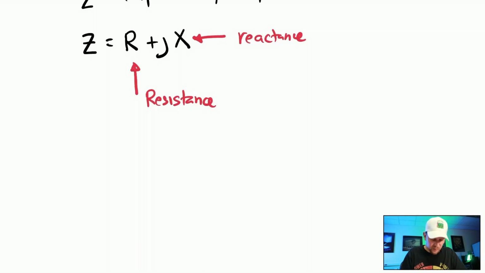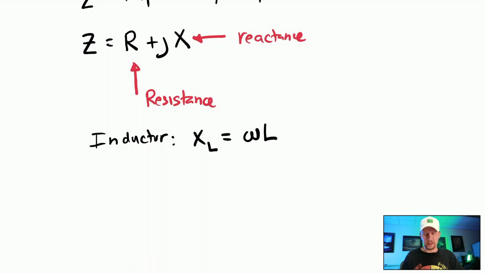In particular, for an inductor, the reactance of the inductor, and I'm using a lowercase L as a subscript here to remind you that it's for an inductor, depends on its angular frequency and its inductance, like so. Notice that the j itself has not been included there.